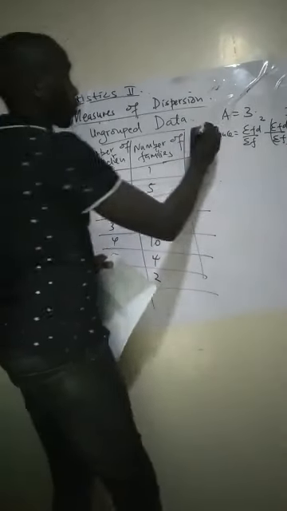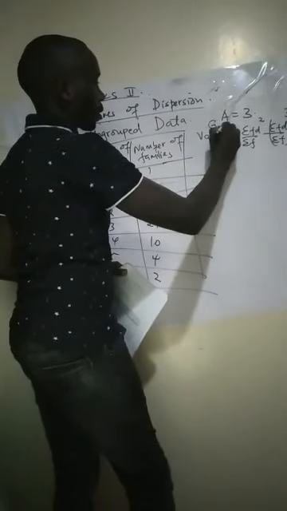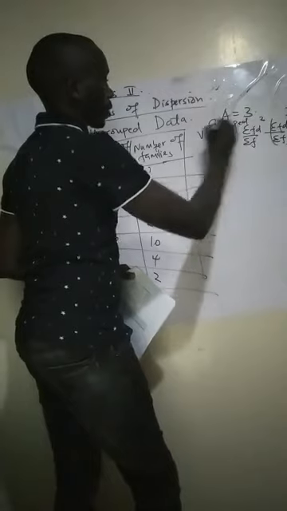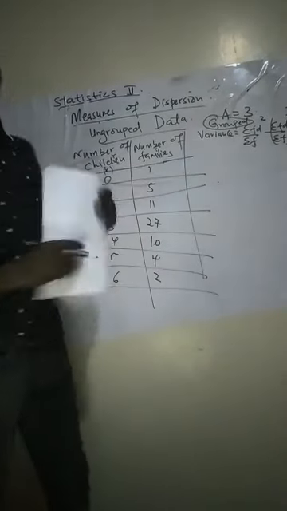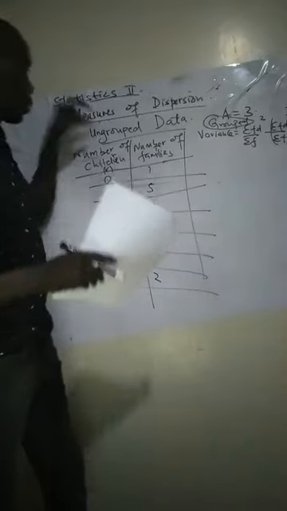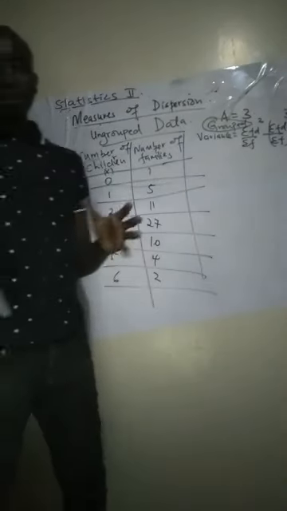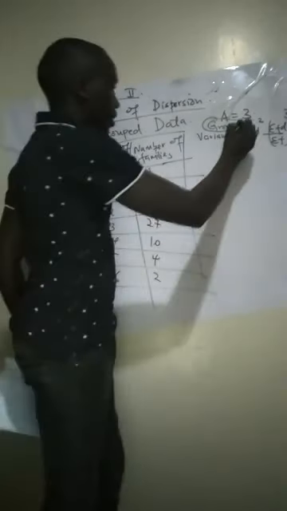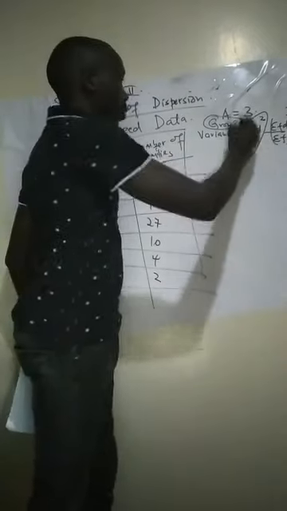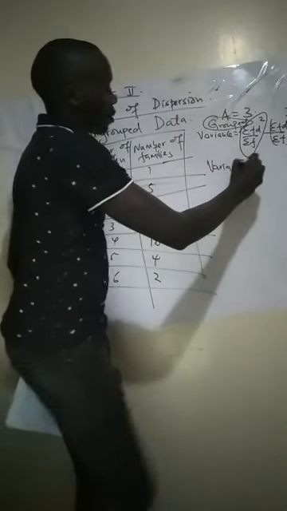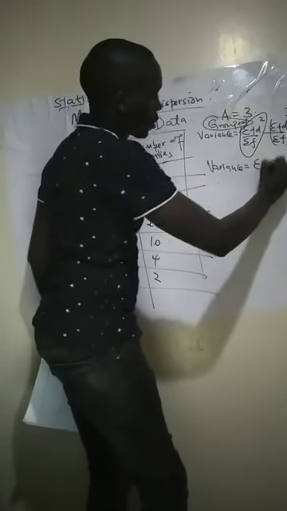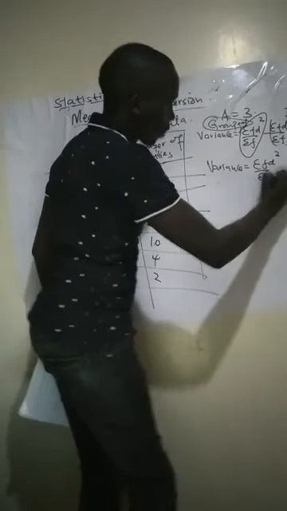Now, this was for grouped data. So what happens in the case of ungrouped? In the case of ungrouped, it's very easy. You just extract the first part of the formula. So variance for ungrouped is equal to the summation of fd squared over the summation of f.